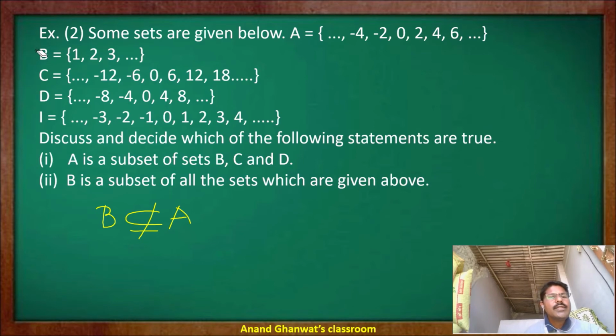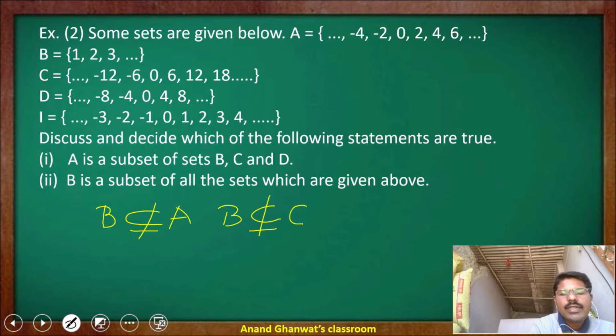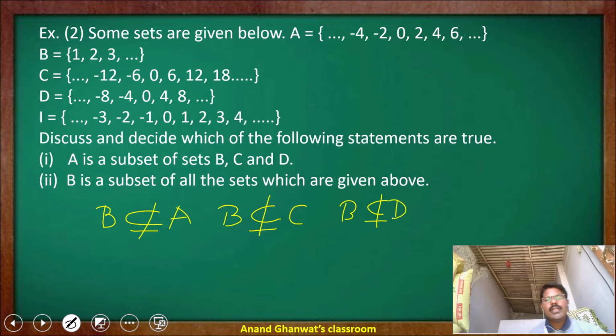Let us check whether set B is a subset of set C or not. For that, 1 is an element of set B which is not present in set C, and 1 is an element of set B which is not present in set D. Therefore, we can say that B is not a subset of set C and B is not a subset of set D. Let us check whether set B is a subset of set I or not.